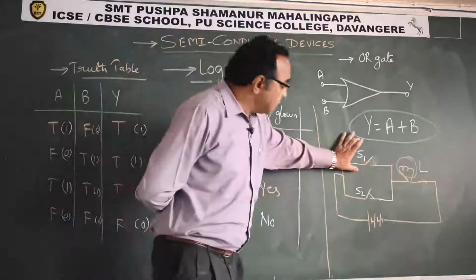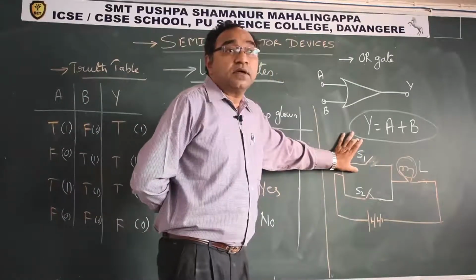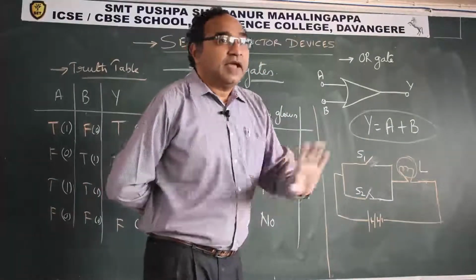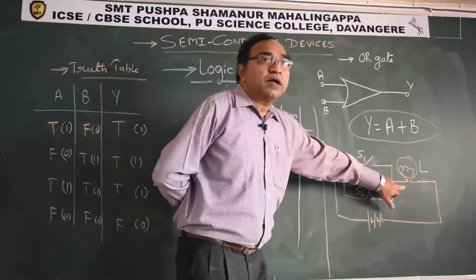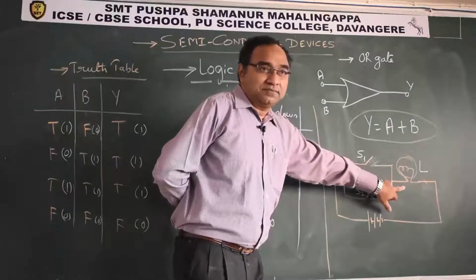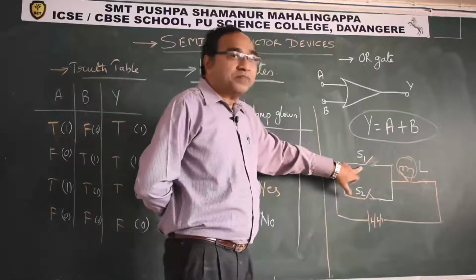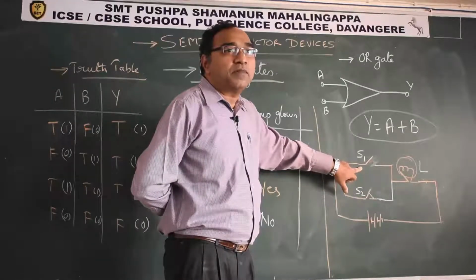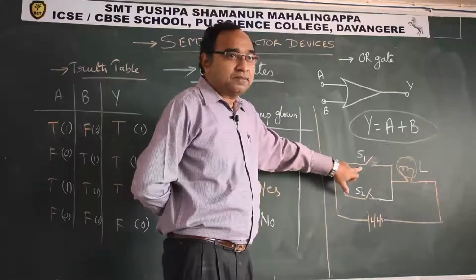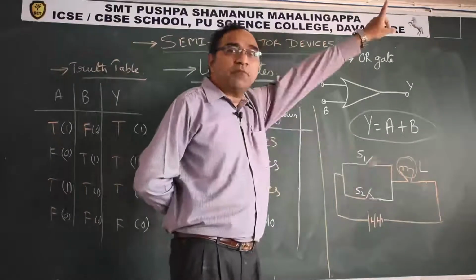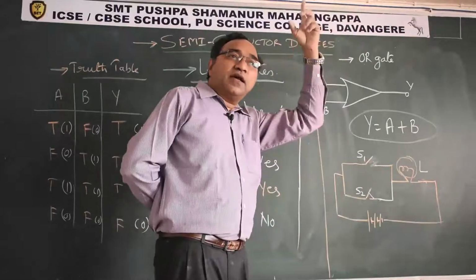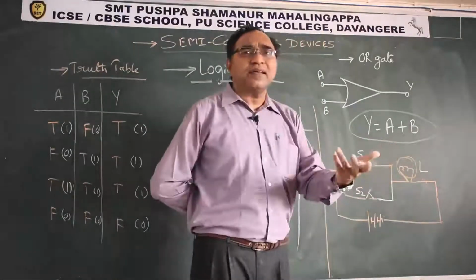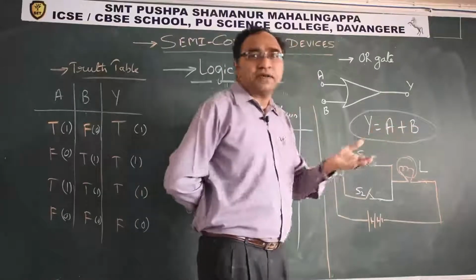I will connect a thermometer and a ppm meter, and instead of a lamp, I will connect an alarm bell. I'll set it: if the temperature is more than 27 degrees Celsius, go in forward bias. It will allow the current, and the alarm will go. I will come to know wherever I am. I will put a pager, I will get a paging message. I don't have to stand in front of it.